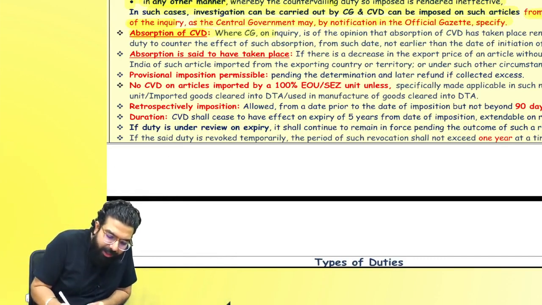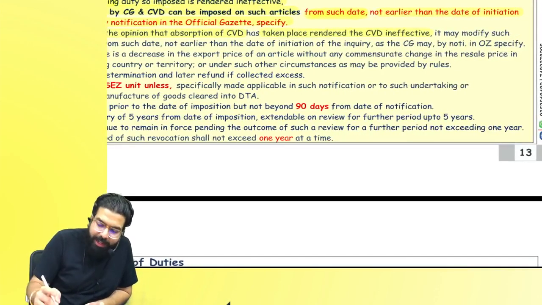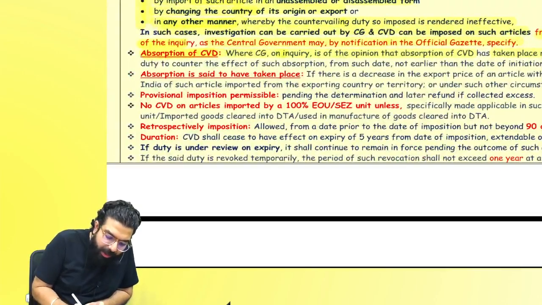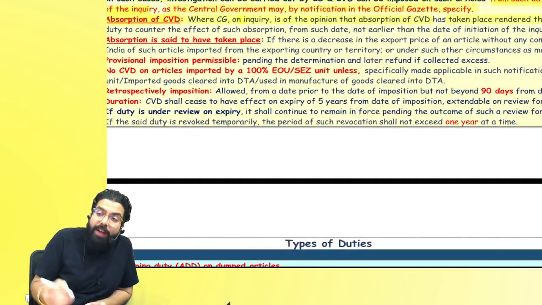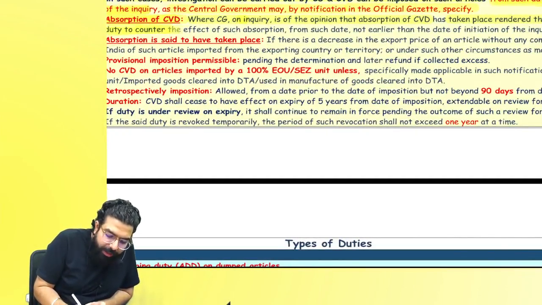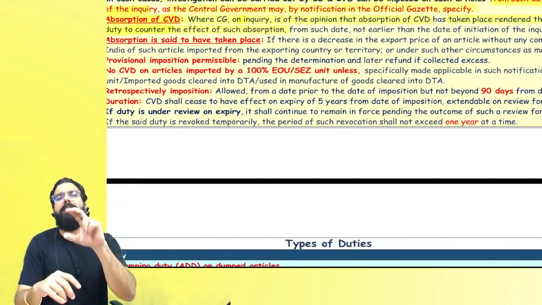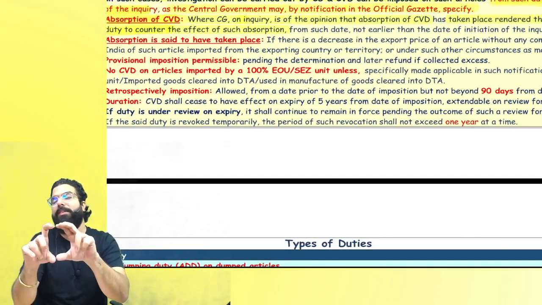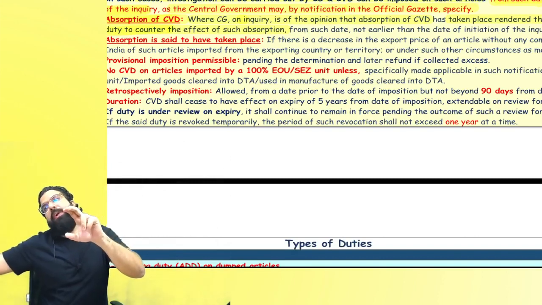When the central government, on inquiry, is of the opinion that absorption has taken place, then making the CVD ineffective, it may by notification modify such CVD to counter the effect of such absorption. Everyone over here, in India we charged CVD on subsidized article as 10 rupees. The exporter from the other country reduced the price by a further 10 rupees.